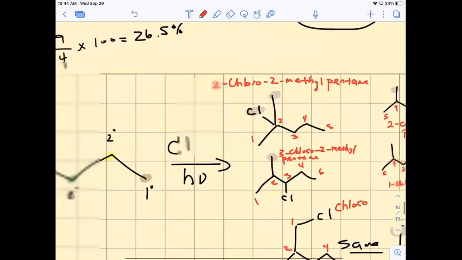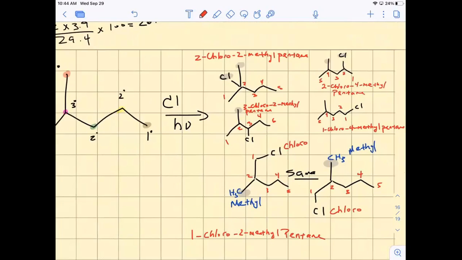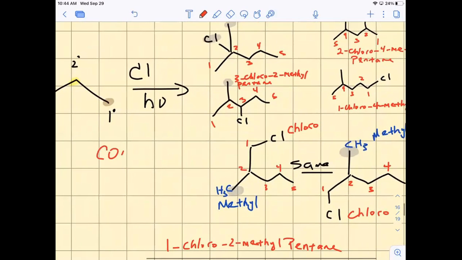See how they all have different names? Totally different compounds, but they all have the same formula. Same formula, different molecular structure. These are all what you call constitutional isomers.